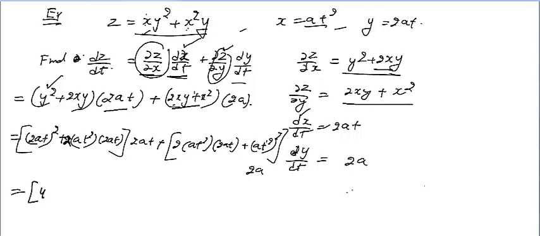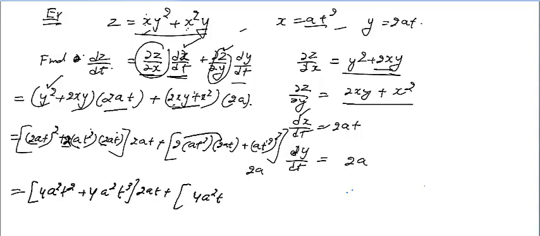Now you will get 4a square t square, 2 into 2, 4, a into a square, t square into t, t cube. Outside is 2at plus 2 into 2, 4, a square t cube plus a square t4.